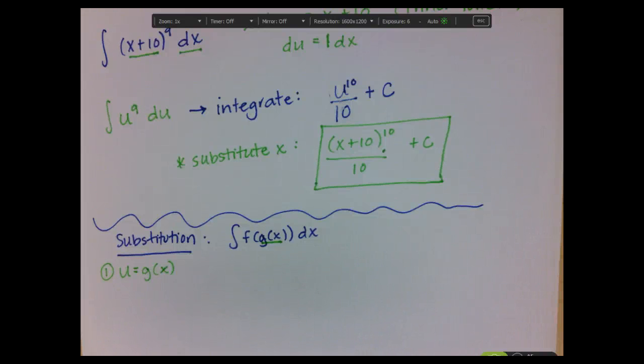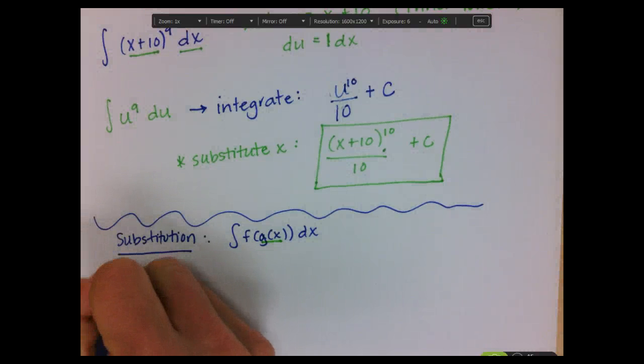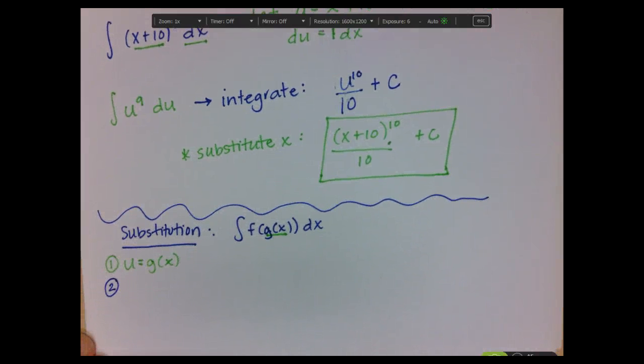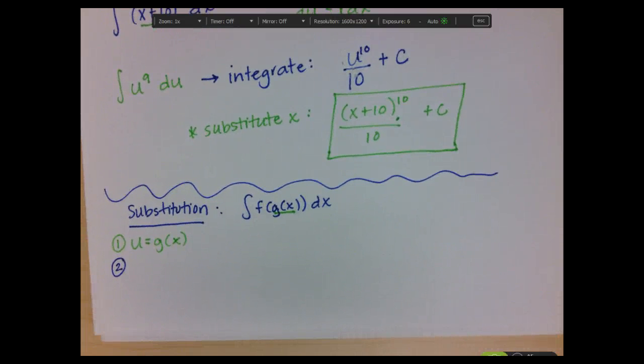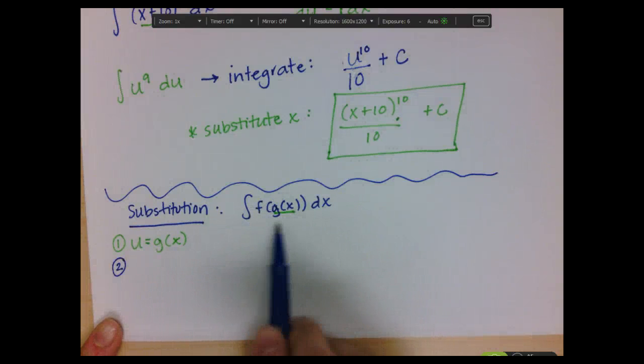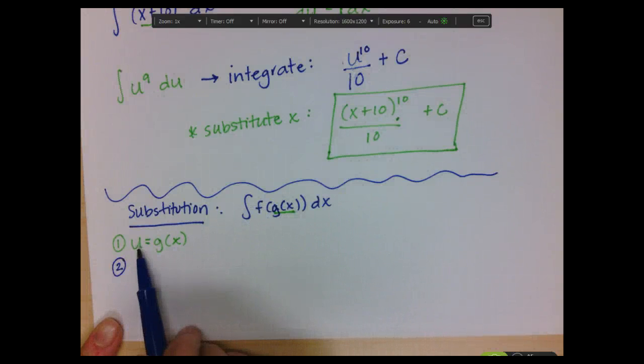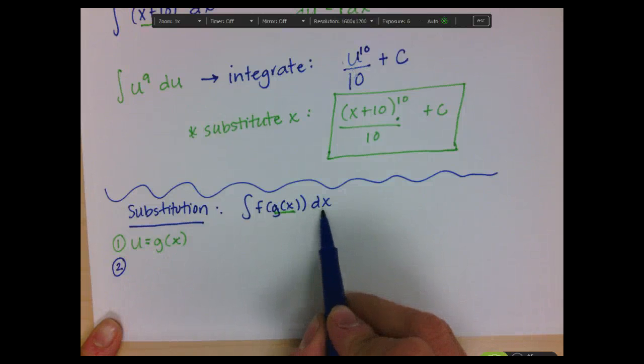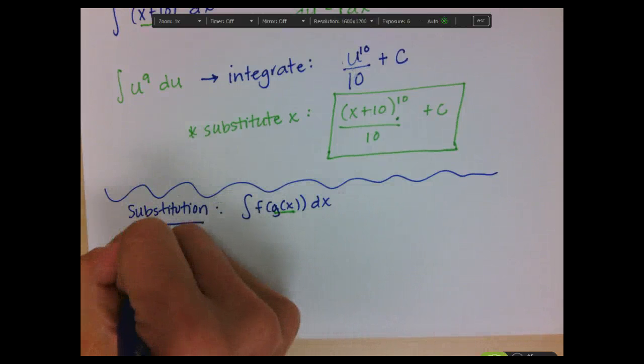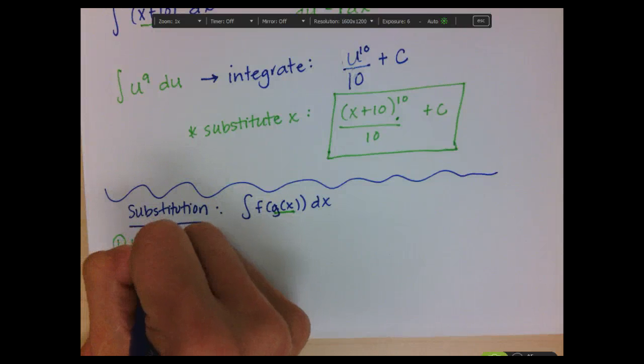That is definitely the most difficult part of this process, is figuring out what to let u equal. And it takes a little time and a little bit of practice. And then, of course, a little bit of forethought. Let me rephrase that, you're not just substituting in this function and letting it become u. You also need to substitute the dx.